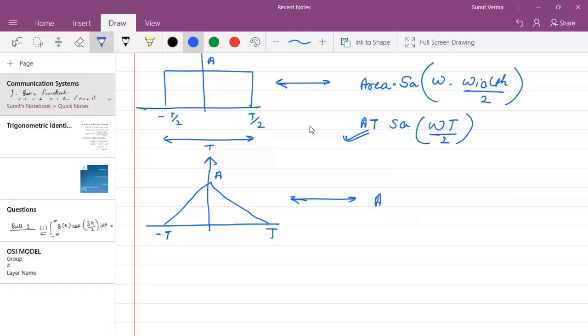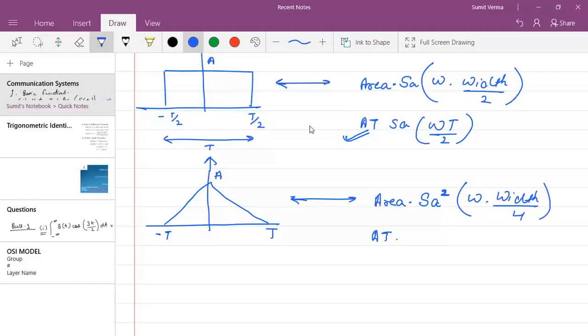Same thing, I'll go the same way. It would be the area here. The area of the triangle you can directly write as half a into 2t, so a into t again. Area into sampling square. This time instead of sampling you will get a sampling square function. And inside this sampling square function you will get width by 4. The factor of width by 4 this time, instead of width by 2.